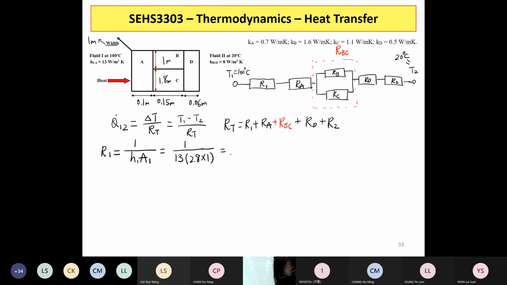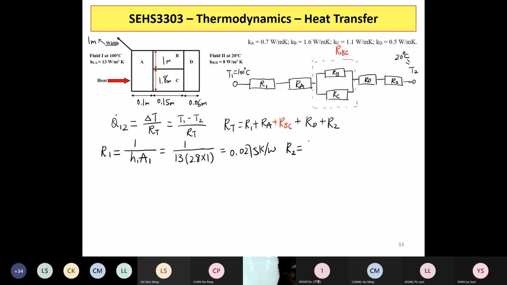So we have the result in K per watt, right? So R2 equals what? R2, the convection from this outer surface to fluid 2.